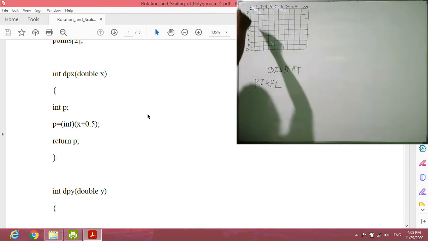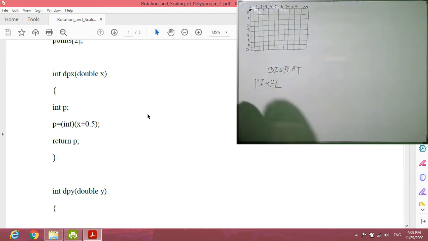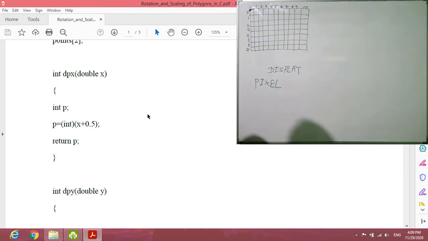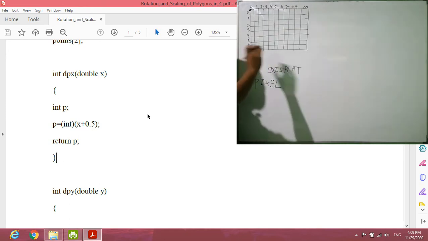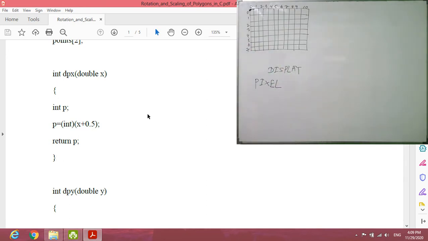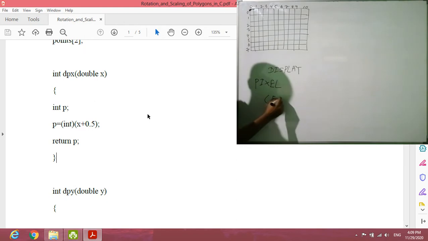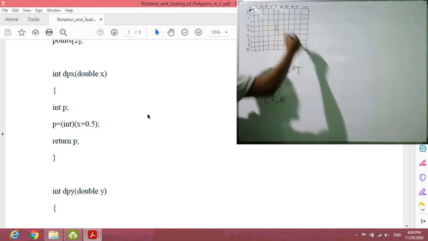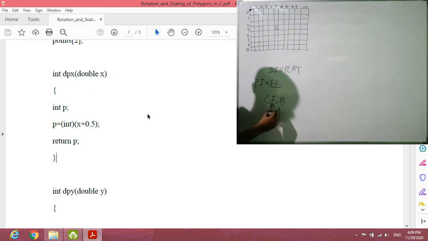In our system, the origin is here, and always when we want to display something, the coordinates are integers. 5, 3 pixel, it is this one. Always these values are integers.